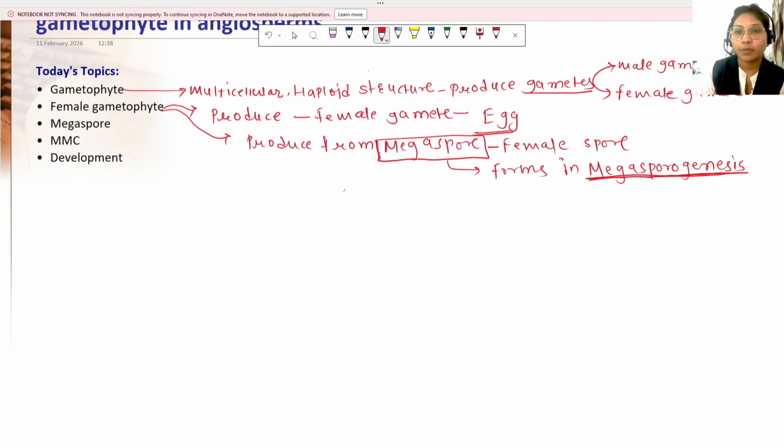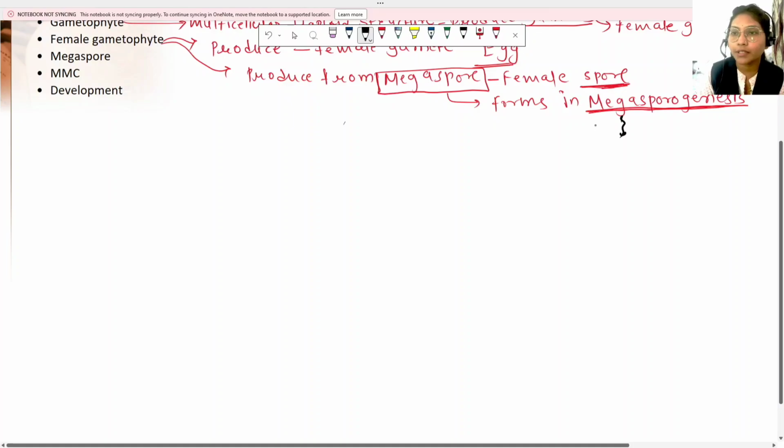Female gametophyte is produced from megaspore. Megaspore is a female spore which helps to form the gametophyte, and it forms by the process of megasporogenesis. Now what is megasporogenesis?